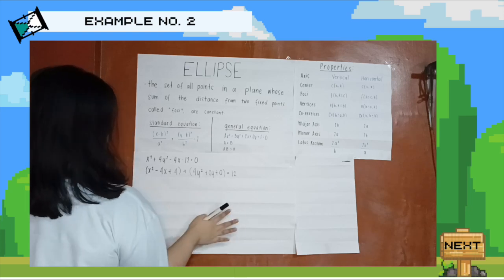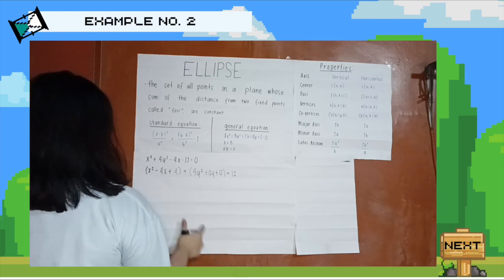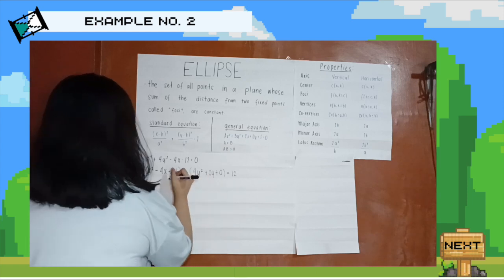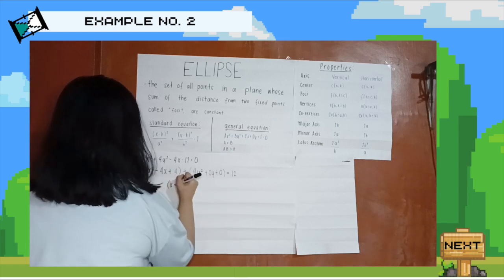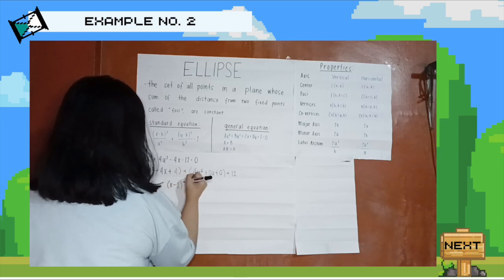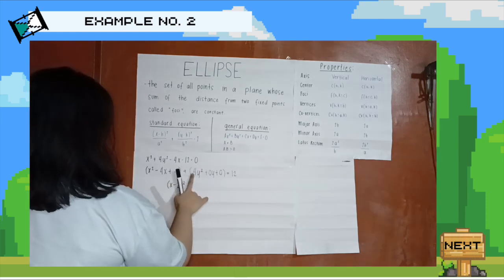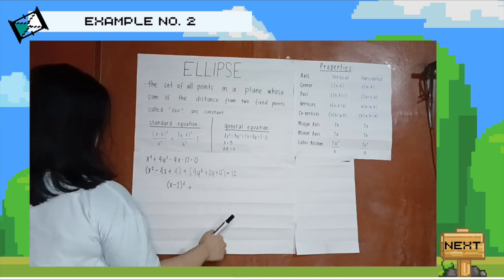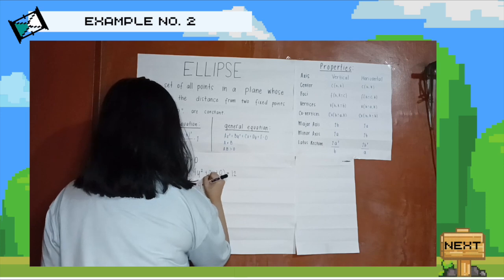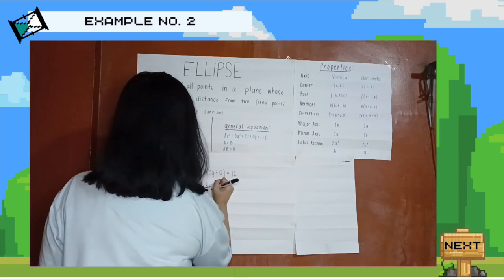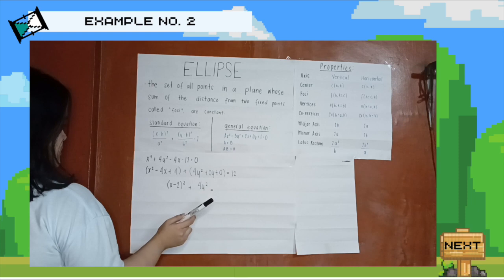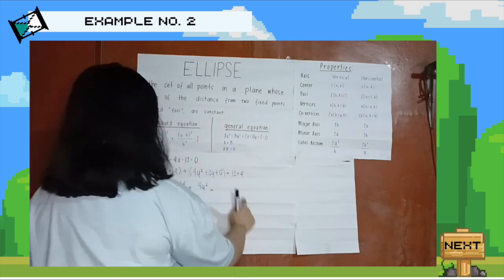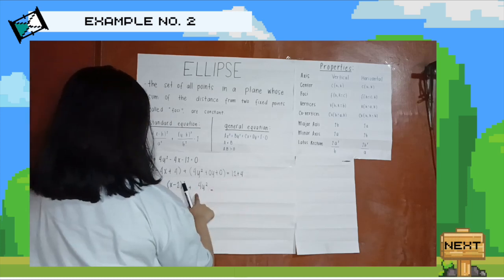And after that, we can factor this out. So negative 4 divided by 2 is negative 2. We only have 4y squared here, so we will be putting 4y squared, is equal to, since we have 4 here, we need to add 4 here. So 12 plus 4 is 16.